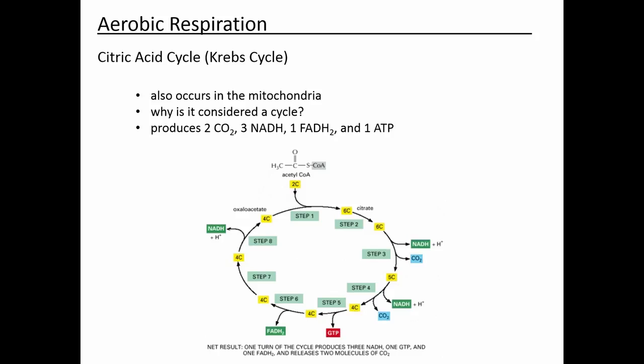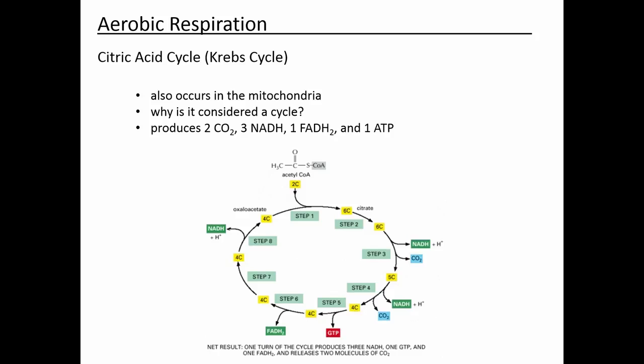So you can count up here that you have 1, 2, 3 NADHs being produced per turn of the cycle. That means in total you're going to get 6 NADHs produced. And again, that's NAD plus being reduced to NADH, and that's going to happen 6 times during the cycle, per glucose molecule.